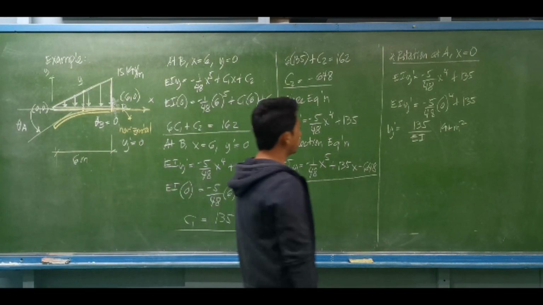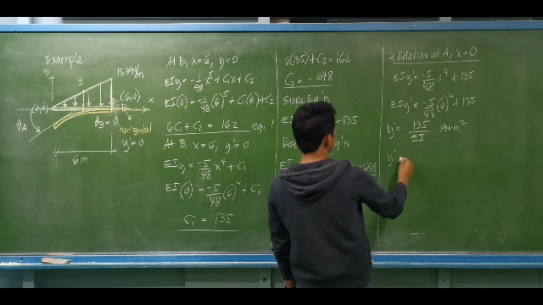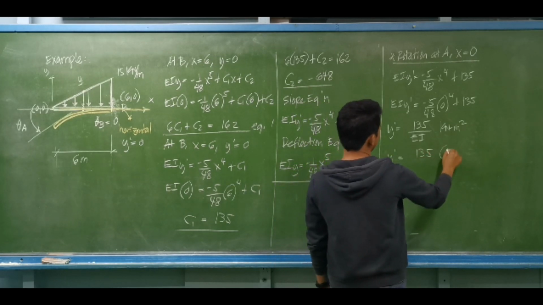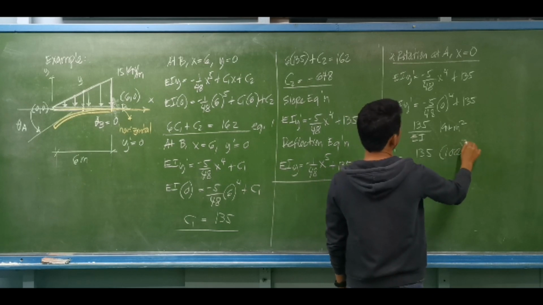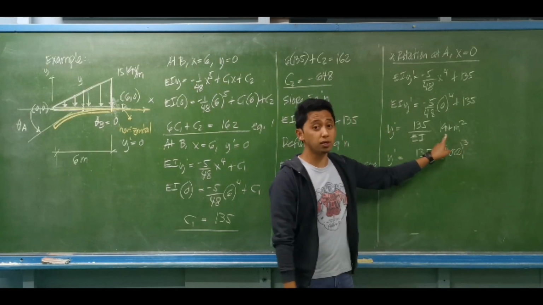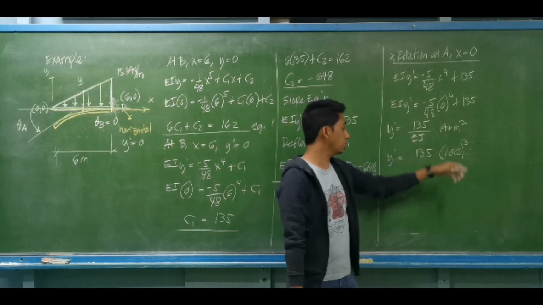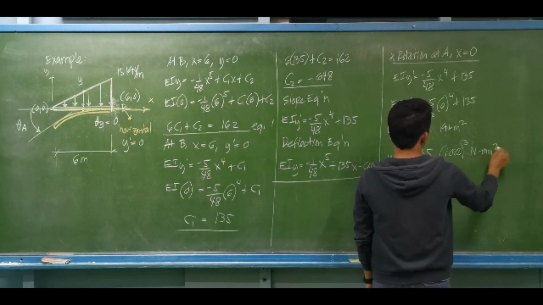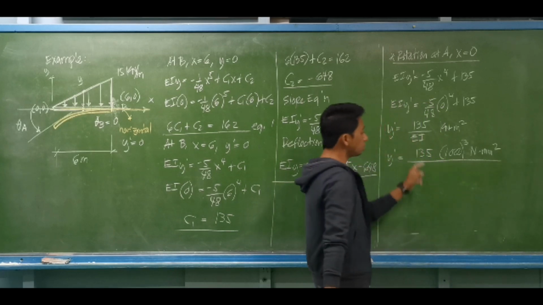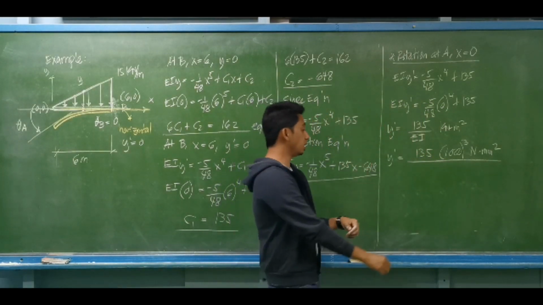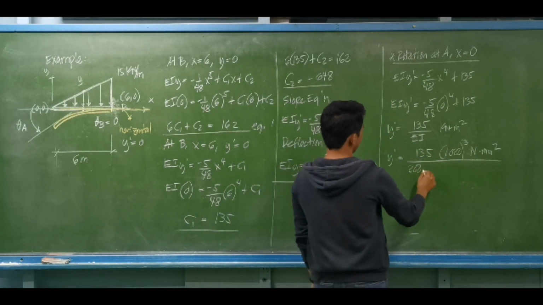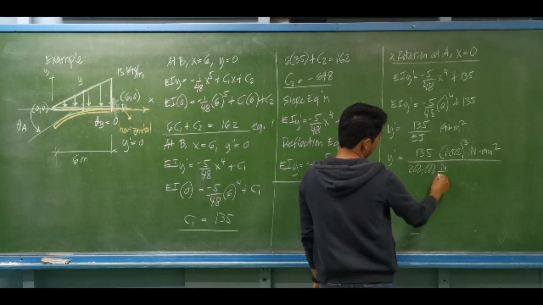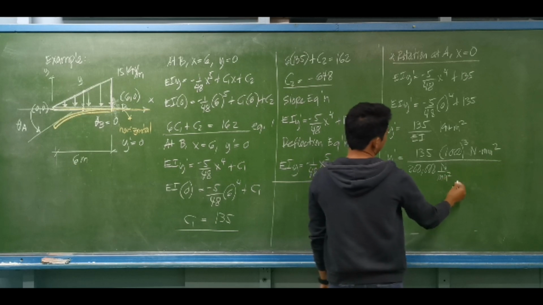If we are to compute for the actual value, this is now y prime is equal to 135, multiplied by 1000 raised to 3: 1000 per kilonewton, then 1000 squared per meter squared, para maging newton, mm squared. This is divided by, what is our E? The given kanina, we have 200,000 megapascals, and megapascal is the same as newtons per square mm.